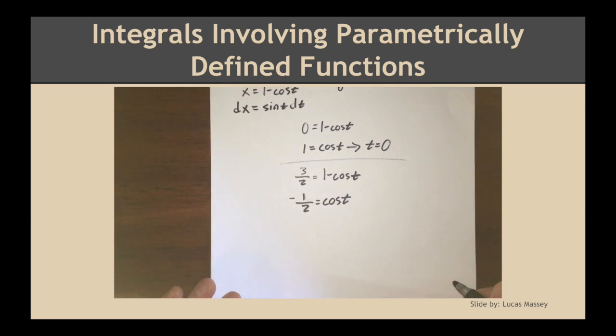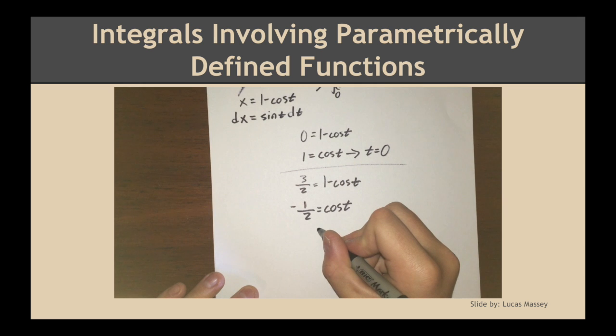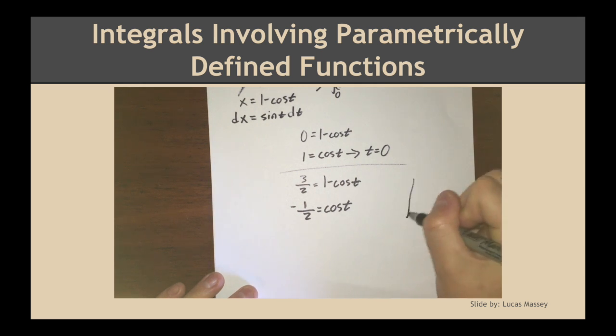This gives us negative 1/2 equals cosine of t. Cosine of t equals negative 1/2.